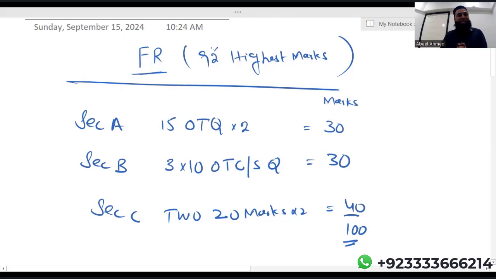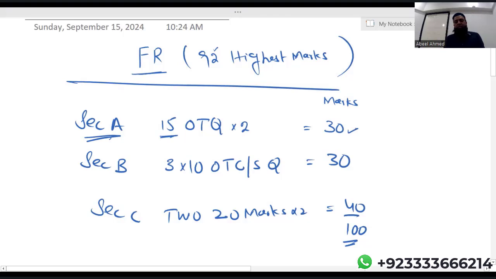Now, first, quickly discuss the paper format of financial reporting. Section A, we have 15 multiple choice questions, OTQ questions. And one question is worth 2 marks. So it means the entire section A will have 30 marks.